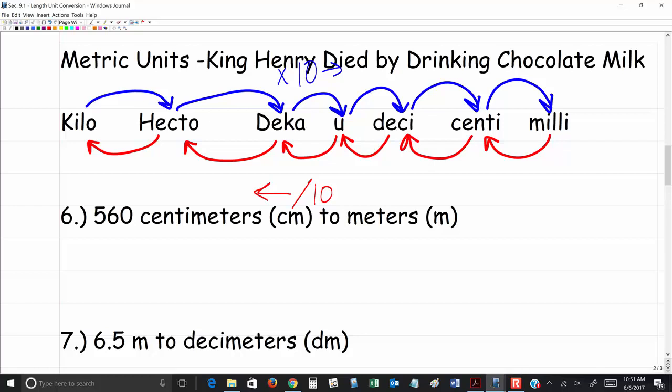What I mean by that is I always know how every other one relates to this basic unit. So I know that there are 1,000 meters in a kilometer, 100 meters in a hectometer, and 10 meters in a decameter. And then I know that 1 meter contains 10 decimeters, 100 centimeters, 1,000 millimeters.